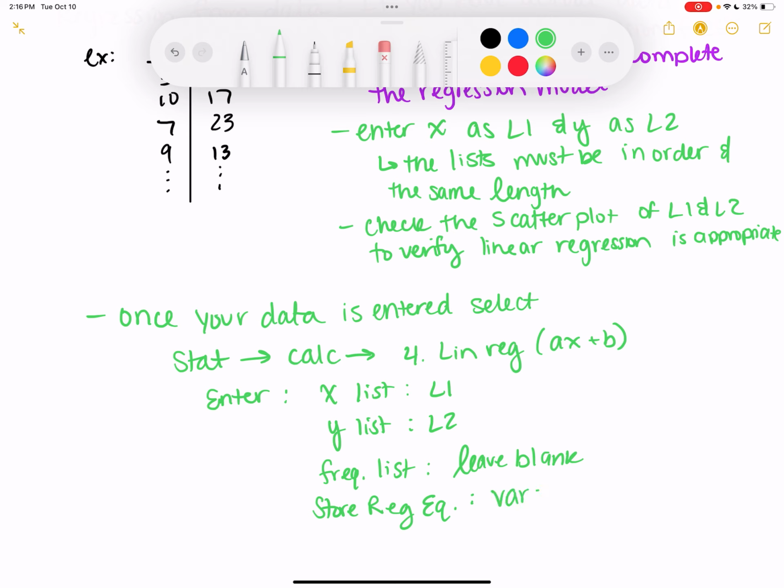You're going to hit Vars. Hold on, let me check something.